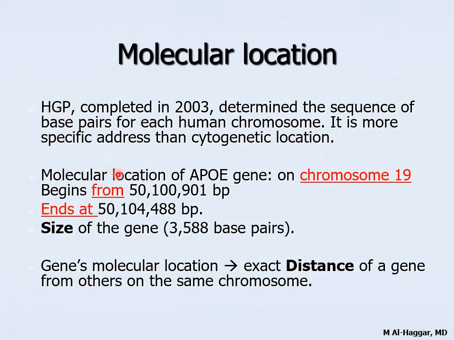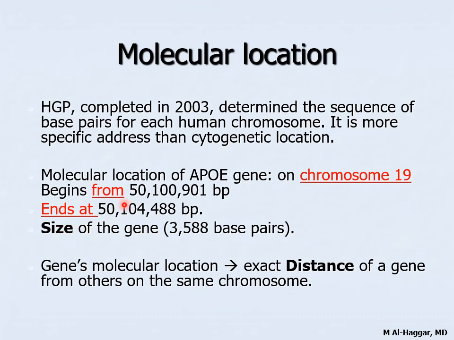If I say that the ApoE gene is present on chromosome 19, it starts from the 50,100,801 base pair, and it ends at 50,104,488 bases. This means that if I subtract this number from this number, I have the size of the gene.